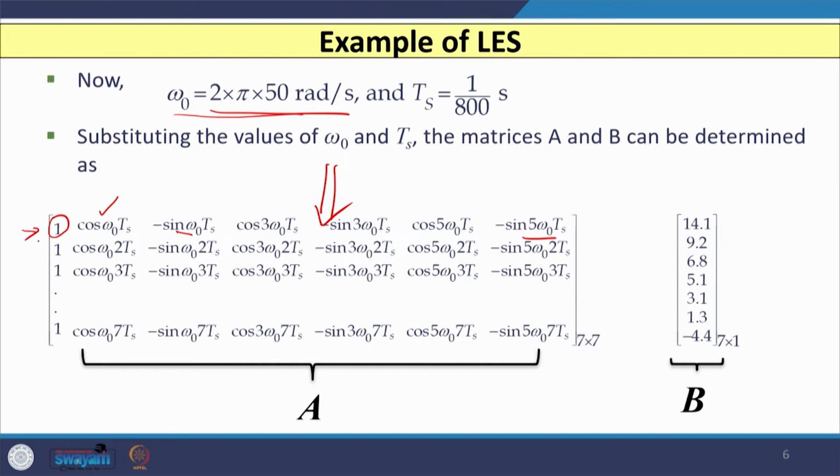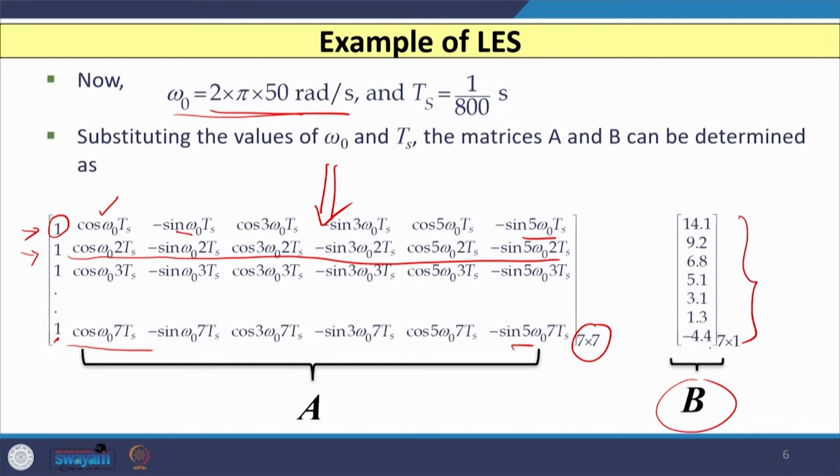Then when you take sample number 2, you have the second row, and similarly when you consider the 7th sample you have the coefficients from the DC term to sin 5 omega 0 7 Ts. So, the size of this A matrix is 7 by 7. On the other hand, if I consider the B matrix, then the B matrix is nothing but it contains your sampled values.